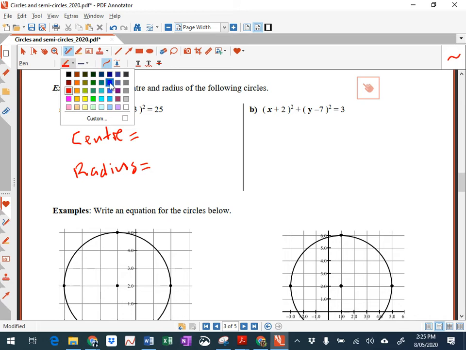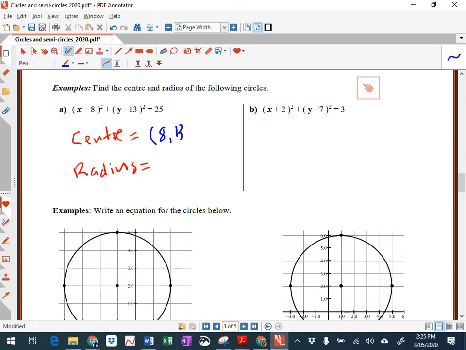Okay, so centre is 8, 13. Oops, just tidied that up a bit. And the radius is 5, isn't it? Because we know that this here is r squared, isn't it? So if r squared is 25, r is 5.